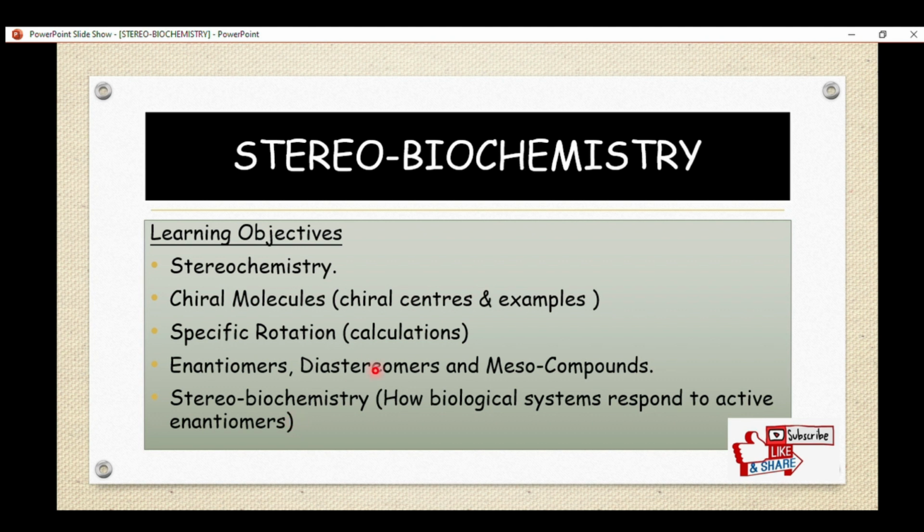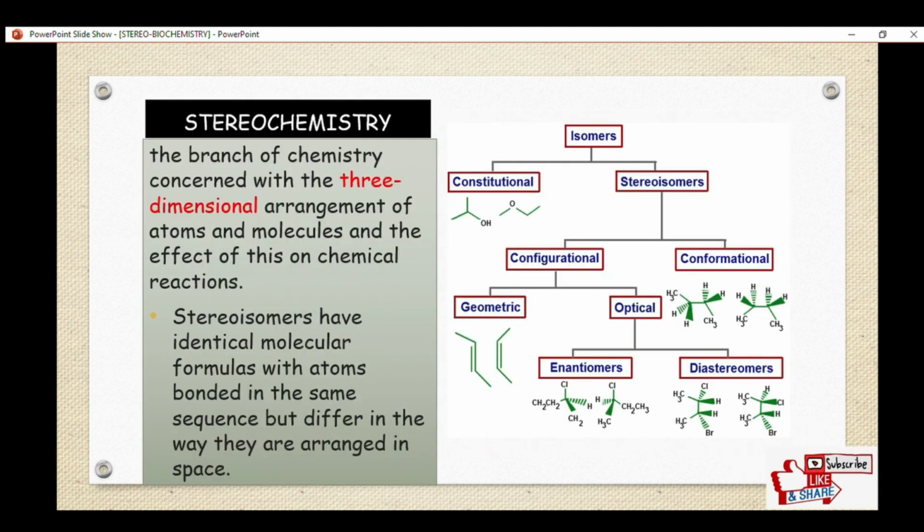So without wasting time, let's start with stereochemistry. Stereochemistry is a branch of chemistry concerned with the three-dimensional arrangement of atoms and molecules and the effects of this on chemical reactions. It deals with stereoisomers, and they represent molecules in a three-dimensional view.